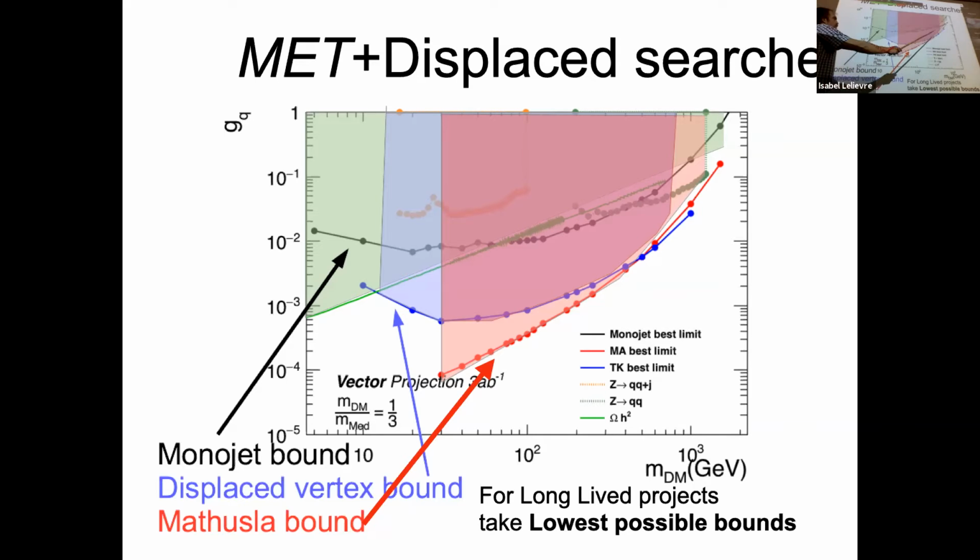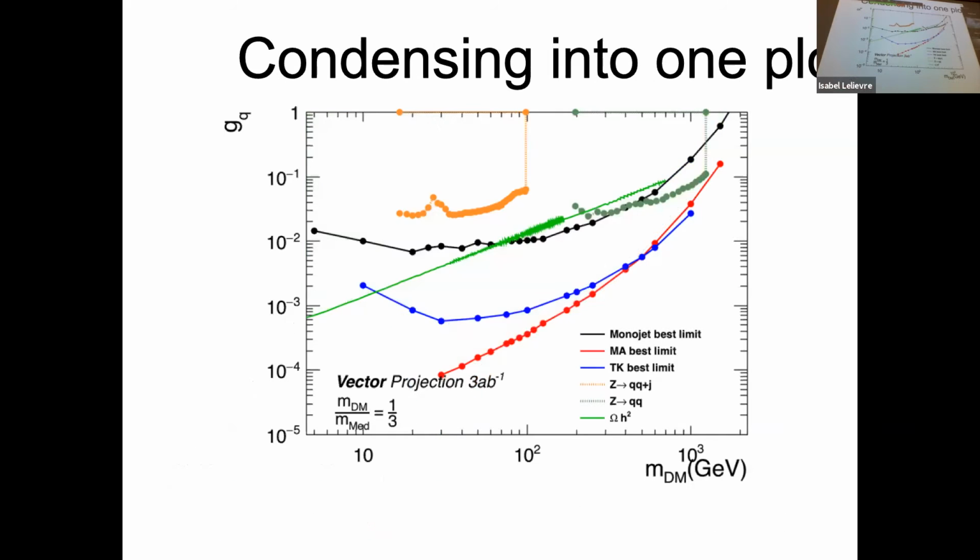And this is the bound of a displaced vertex analysis. If you just take the displaced vertex projections, you can get down to the GeV level where you're below the coupling. The important thing is that going from monojet to displaced vertex is an order of magnitude in coupling. Okay, so those are the bounds.